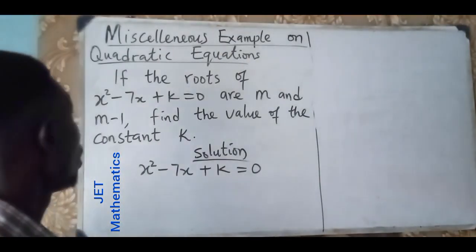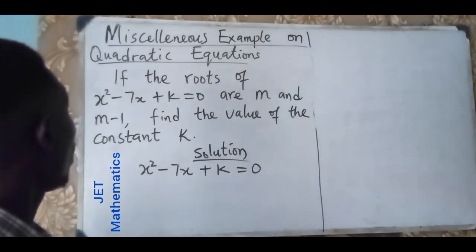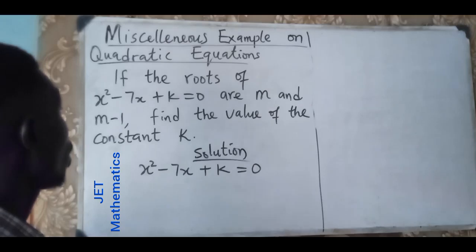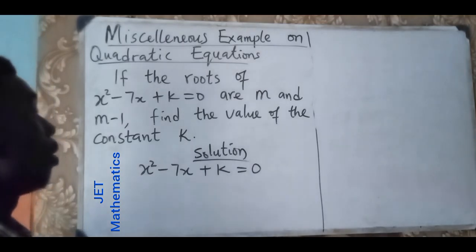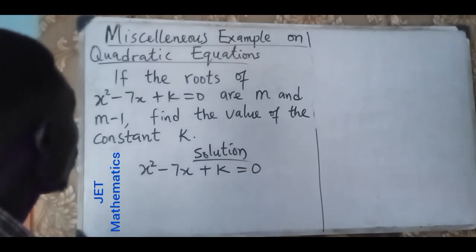The question says, if the roots of s squared minus 7s plus k equals 0 are m and m minus 1, find the value of the constant k.